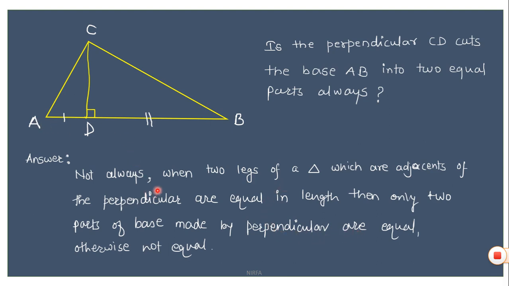The meaning of this answer is, if AC and BC are both adjacent sides of this perpendicular, and when AC and BC are equal, then only this perpendicular will cut the base into two equal parts. So in that case, we can take AD equal to DB. But when AC and BC are not equal, then these parts AD and BD are not equal. Okay?